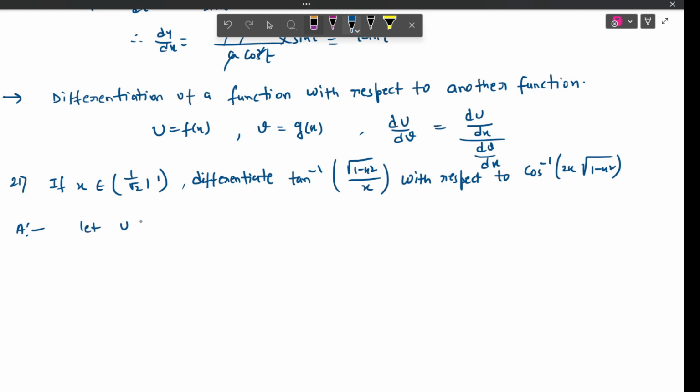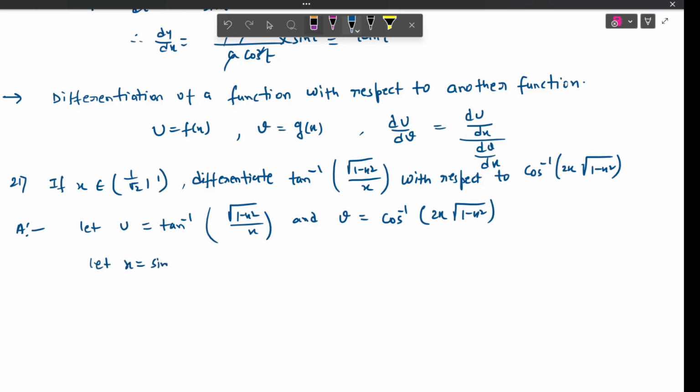Let u equals tan inverse square root 1 minus x square by x, and v equals cos inverse 2x root 1 minus x square. Let x equals sin theta.